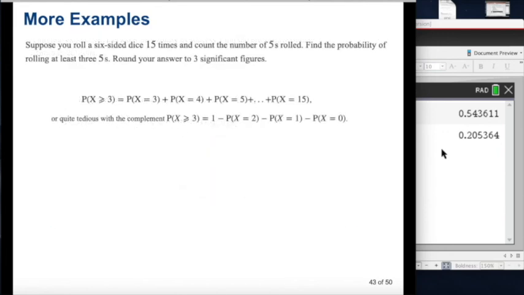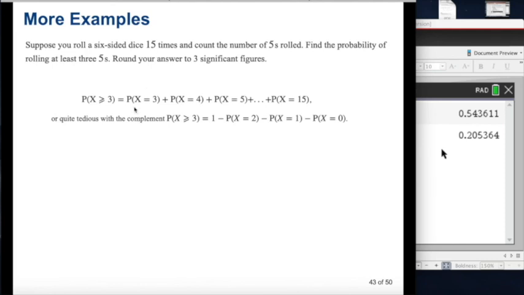Okay, next one. Suppose you roll a 6-sided dice 15 times and count the number of 5s rolled. Find the probability of rolling at least 3 5s. Round your answer to 3 significant figures. Okay, so we want to get at least 3 5s when we roll a 6-sided dice 15 times.